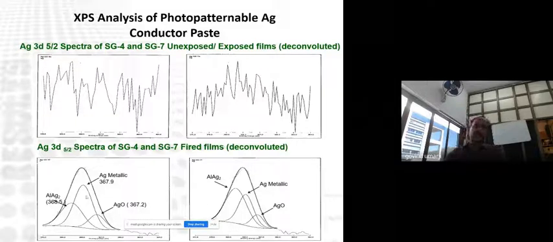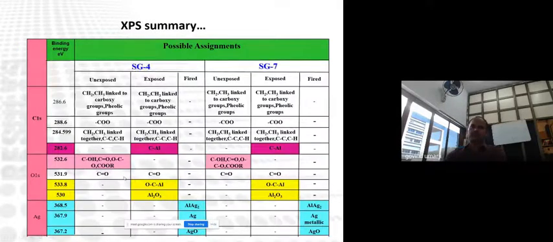Since in the case of SG4 we got vertical growth, we got more metallic Ag as compared to SG7. In SG7 we got good Al-Ag bonding as well as metallic bonding and silver oxide, which is because we fired in an air atmosphere. The surface also gets oxidized a little bit.